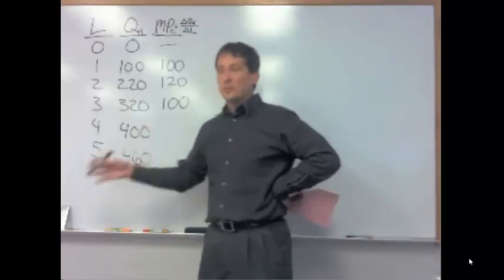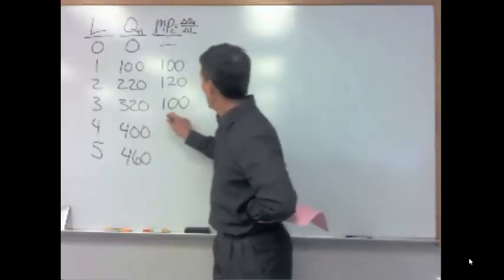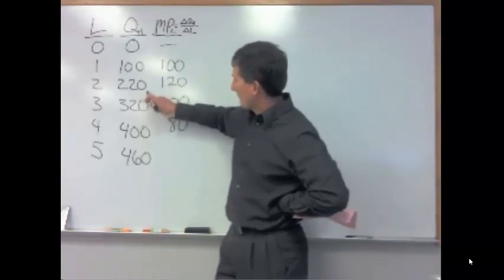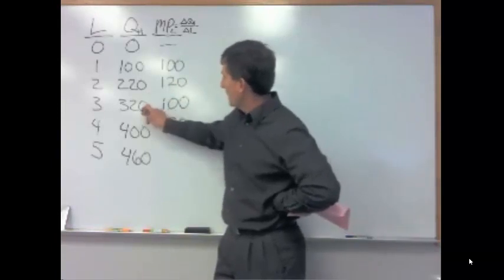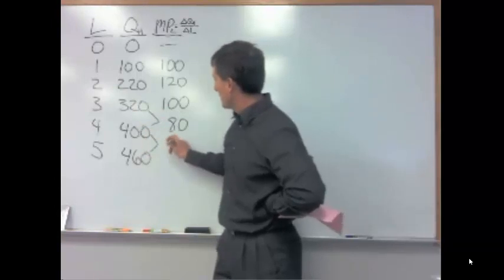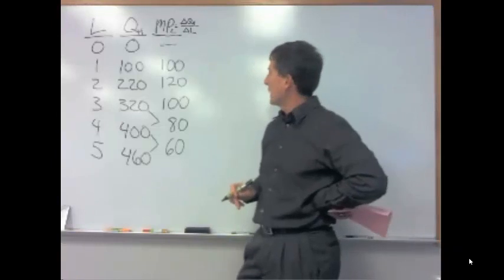What does the 4th person bring to my operation? 80. All right, so as you start to look at this, you'll do this in your homework problems too. We're going from 320 to 400. It's really the difference between this one to this one. That last person gives me 60. Those are the marginal products that each person adds.